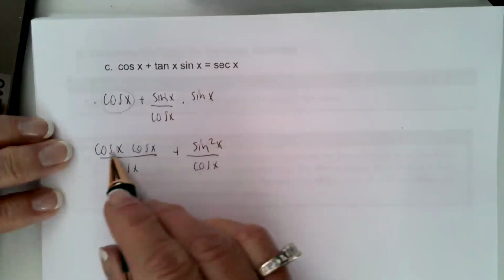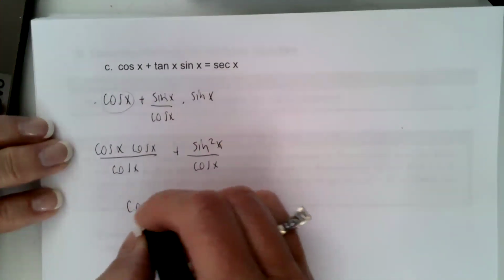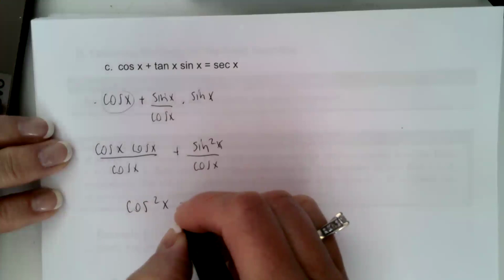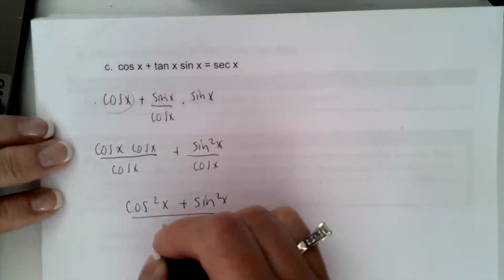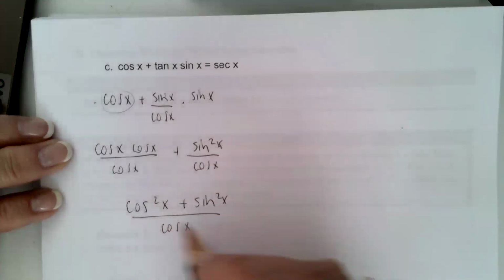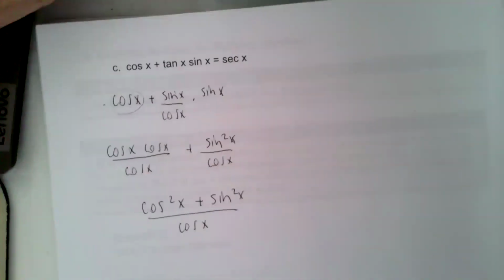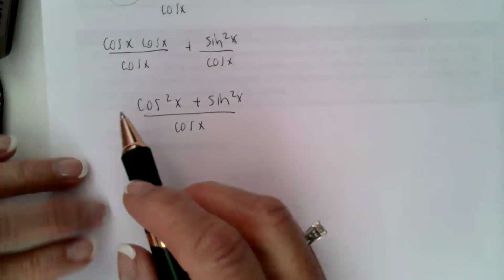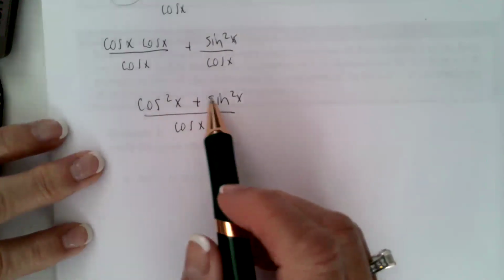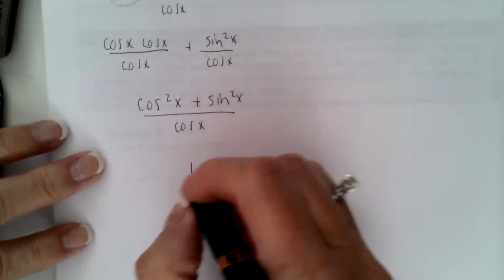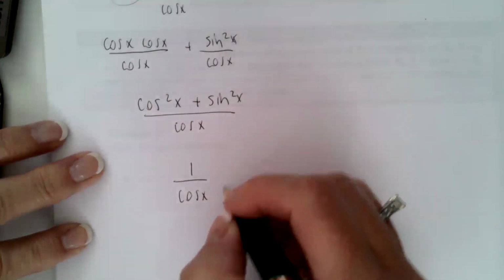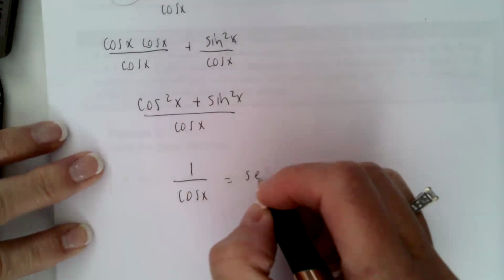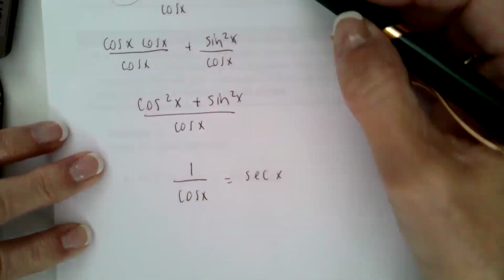And now when I multiply the first fraction, I've got cosine squared x plus sine squared x over cosine x when we add our fractions with common denominators. And we know the identity of cosine squared x plus sine squared x equals 1. So this is 1 over cosine x, and that equals secant x, which is what we were trying to prove.